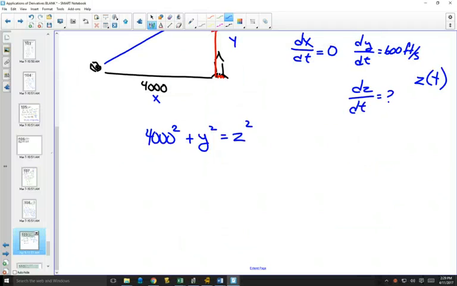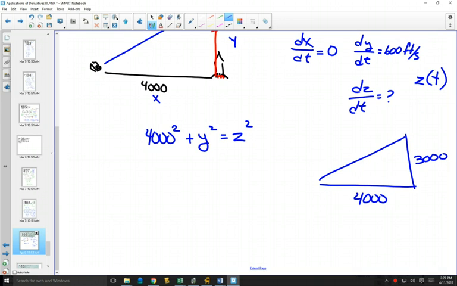What also do we know is we are trying to find the specific instance when this is 3,000, and that makes a nice triangle, the 3, 4, 5 triangle, so we know that side is 5,000.